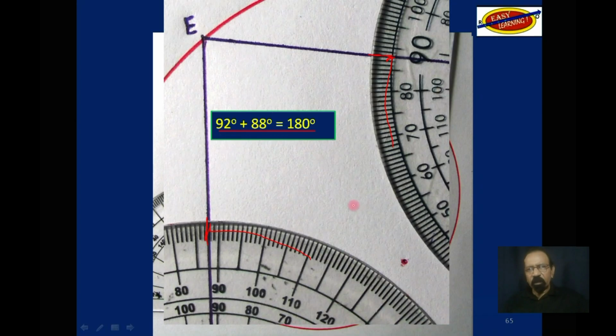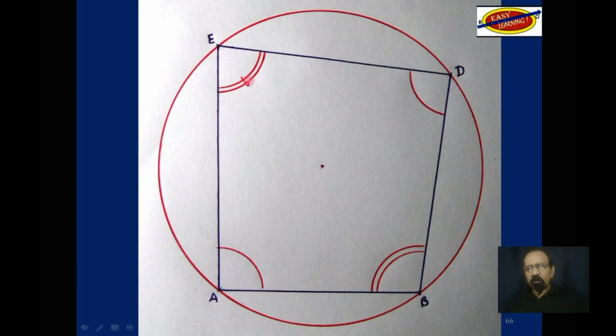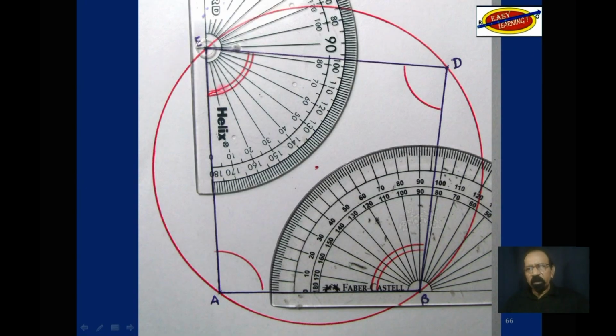They are supplementary. Now remember, those two arcs do not mean that they are equal. In this case, it means that they are related, to separate them from these two on this side. So we will measure these two. This one here, it's a little past 80, looks like 83.